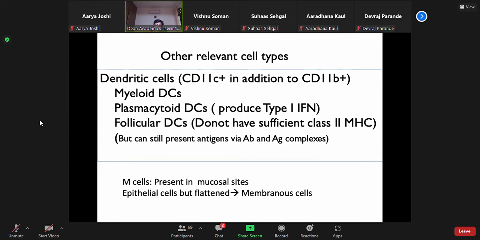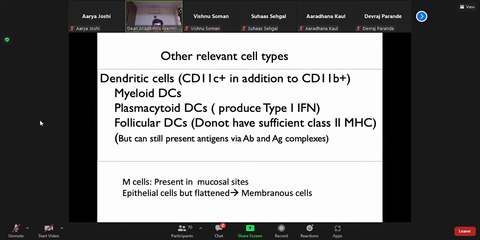Now, you would want to say that if they don't express sufficient MHC class 2, how can these cells be called antigen presenting cells? The mechanism for their antigen processing and presentation is different. This occurs through uptake of these immune complexes.